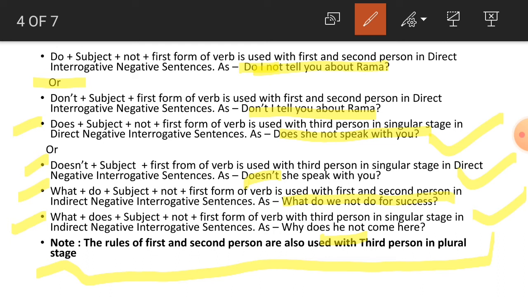It means when the sentence is related to present indefinite tense, and the subject is third person but in a plural stage, we can use the same rule that we use with the first and second person.